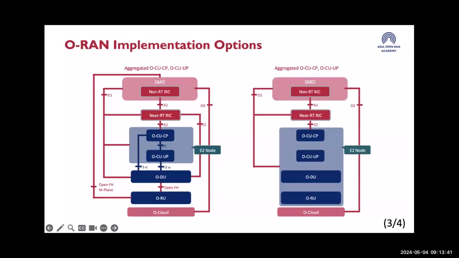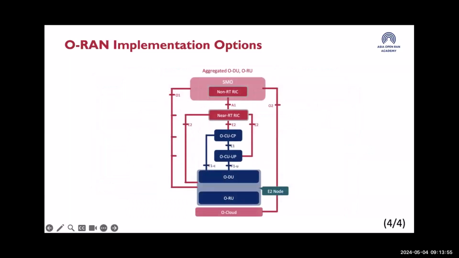In some cases, the E2 node is aggregated: the OCU-CP, the OCU-UP, including the ODU and the ORU. In some cases, aggregated ODU and ORU, like this. Okay, so these are the different implementation options.